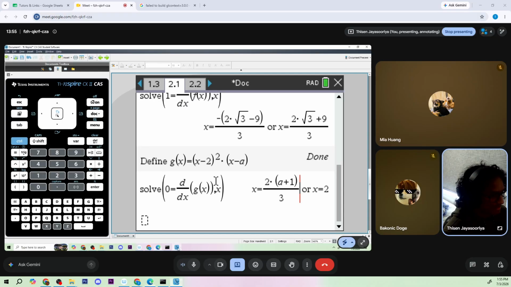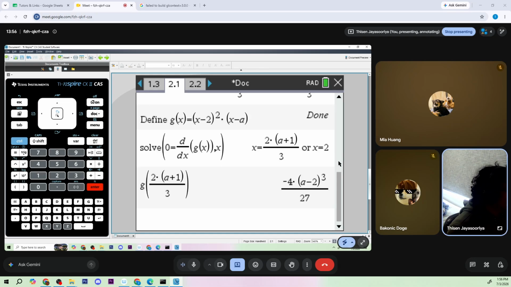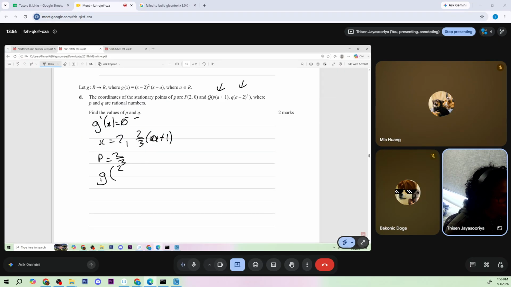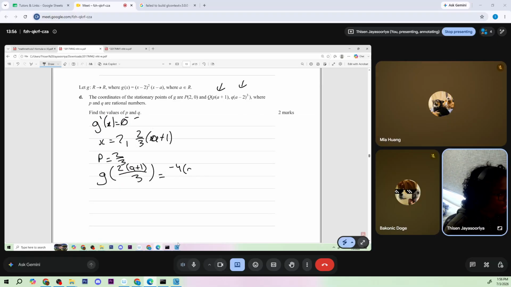If I substitute in this point, if I do g of 2 over 3, I get negative 4 over 27. So if I do g of (2a plus 1) over 3, I get negative 4(a take away 2) cubed over 27, which means that Q is going to be equal to negative 4 over 27.